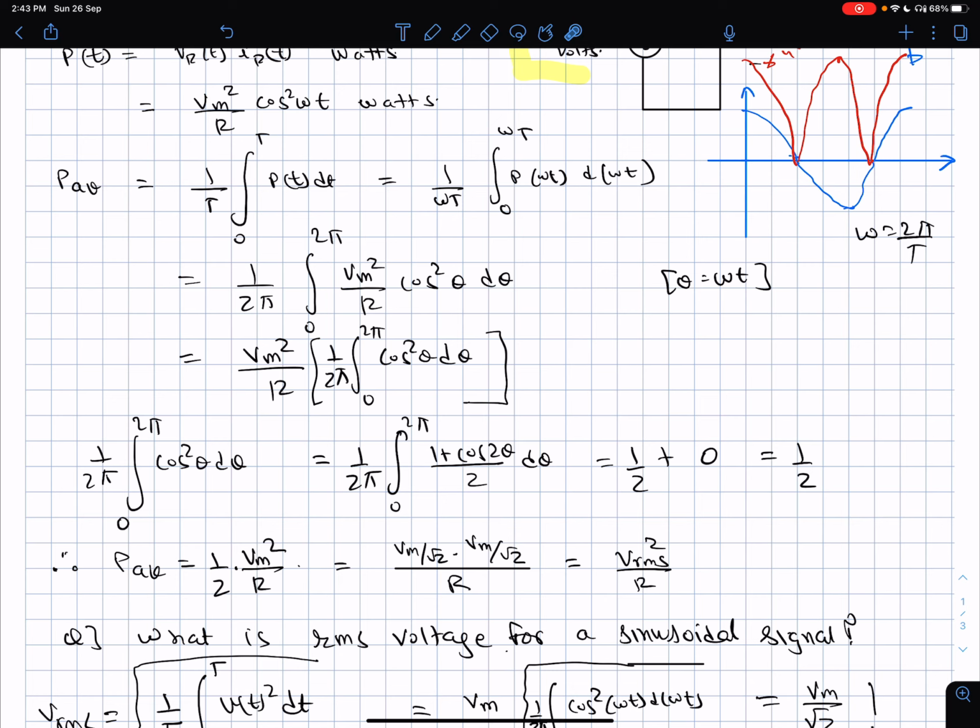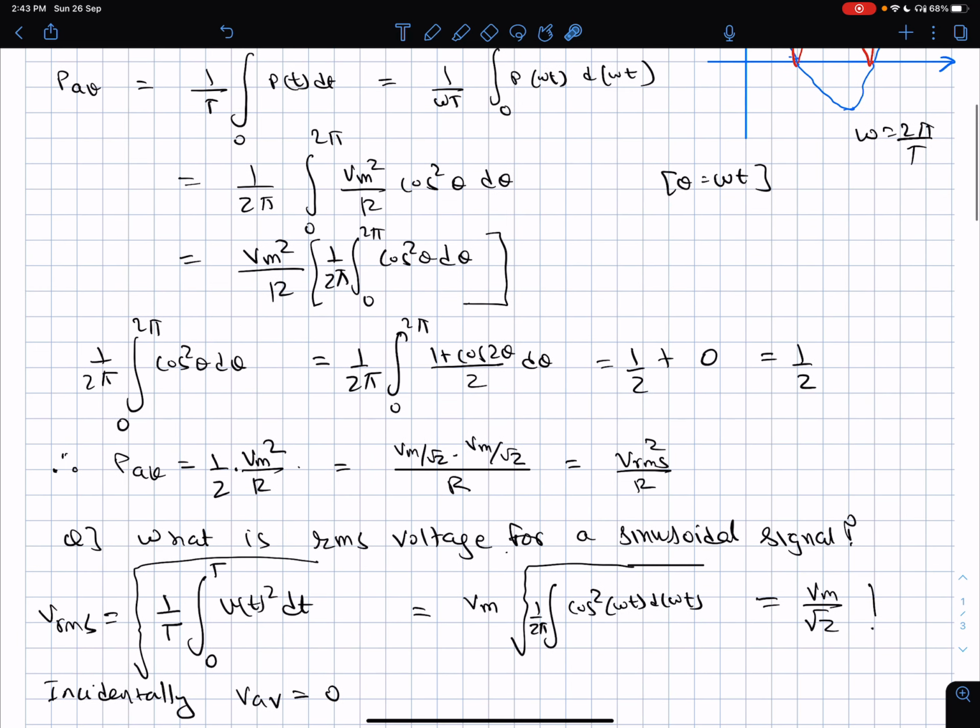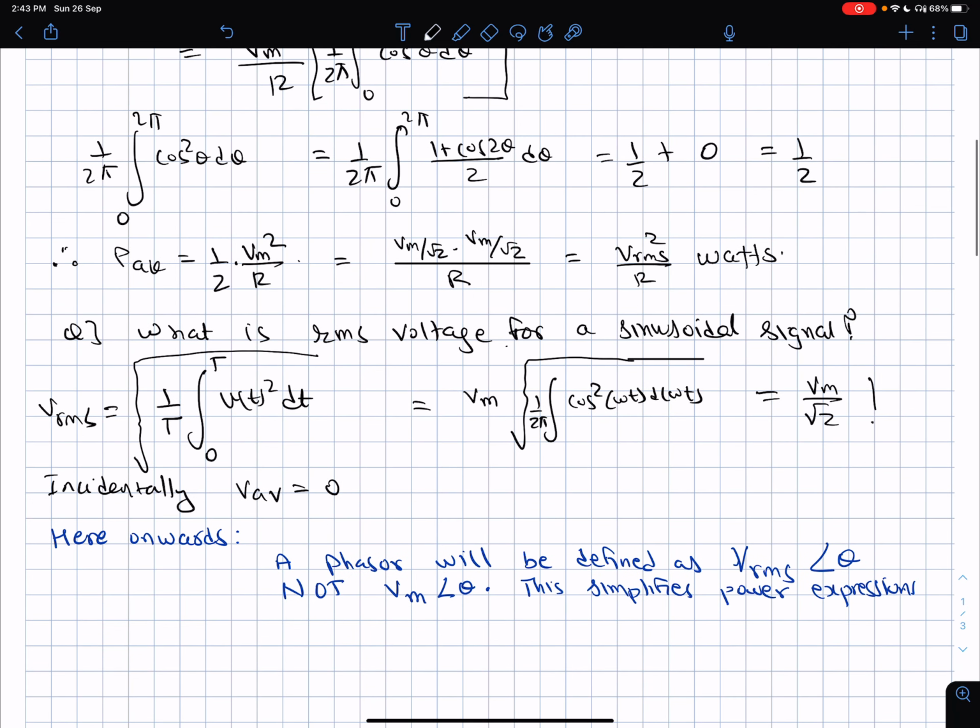That can also be expressed as Vm by root 2 into Vm by root 2, which I'll just show you now is called the RMS voltage of the voltage signal, and hence can be written as Vrms square by R watts. Please always write the units, keep a habit of writing units whenever you do your problems. It's very important not to forget the units.